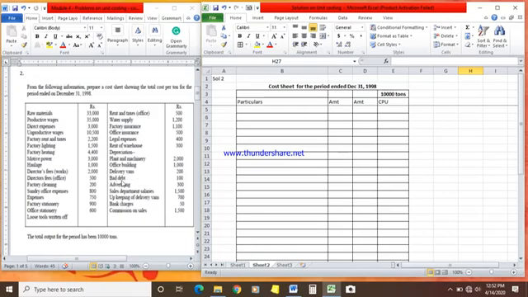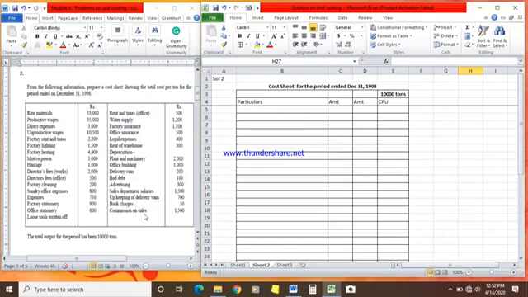Bad debts is a loss on account of sales, so it will not be shown in our cost sheet. Advertising, selling and distribution. Sales department salary, selling and distribution. Upkeeping of delivery van, selling and distribution. Bank charges, again it needs to be ignored. Commission on sales, selling and distribution.